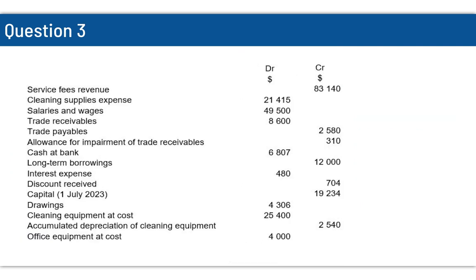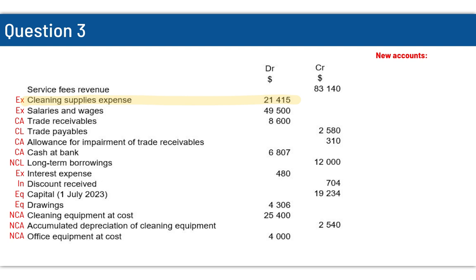So for this question, the first thing to do is to label all the income, expense, non-current asset, non-current liability, as well as equity. So after labeling the accounts, we can now adjust. So cleaning supplies expense was paid in advance. So this represents a prepaid expense. You pay first, but you haven't incurred.